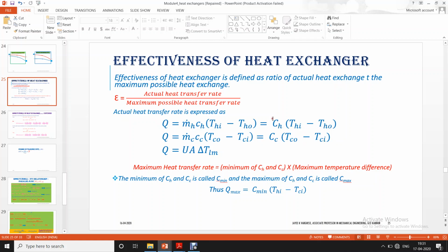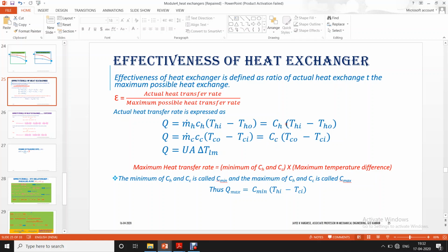Now we have two fluids, one having mass flow rate m dot h and specific heat CH, and another having mass flow rate m dot c and specific heat CC. While taking this product m dot h CH, we call it capital CH. This is the heat capacity rate of the hot fluid, and this is CC, the heat capacity rate of the cold fluid.